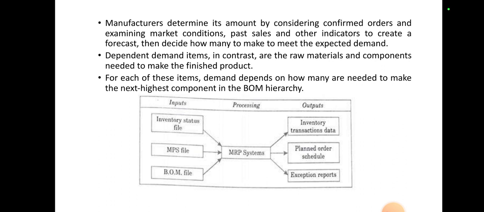Then they decide how many to make to meet the expected demand. Dependent demand items, in contrast, are the raw materials and components needed to make the finished product. For each of the items, demand depends on how many are needed to make the next highest component in the bill of material hierarchy.